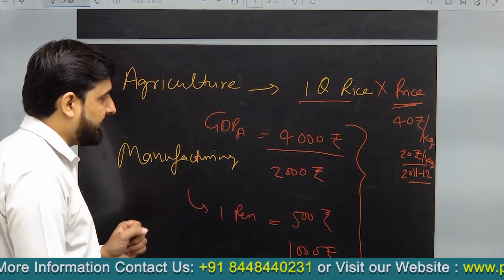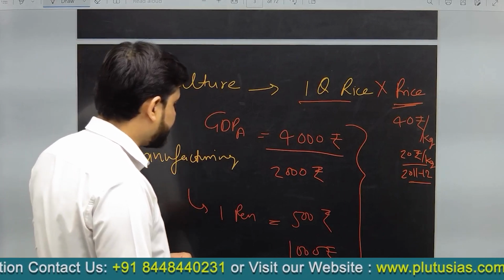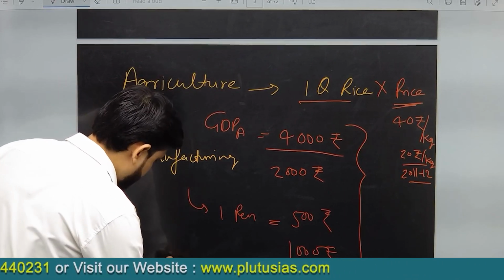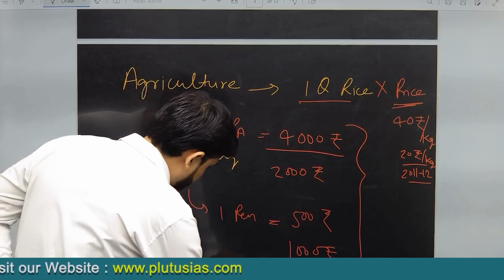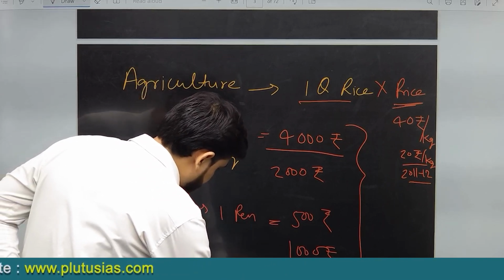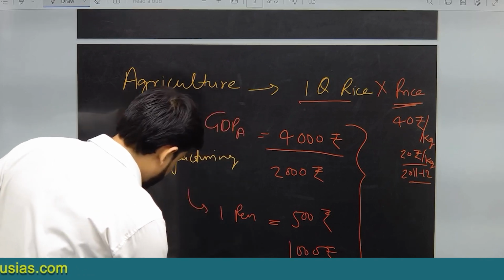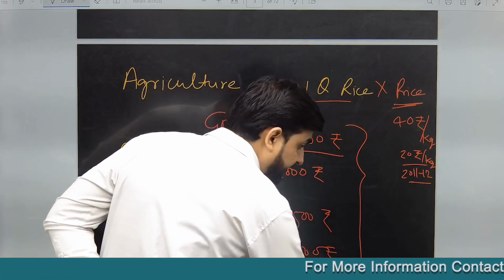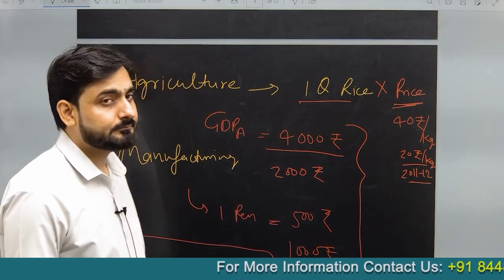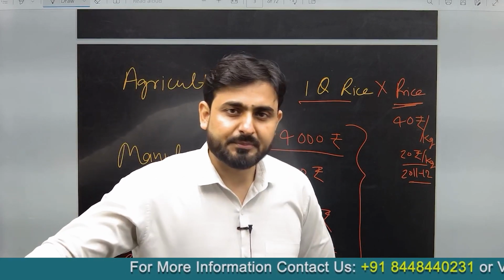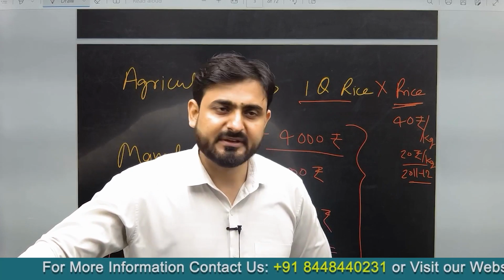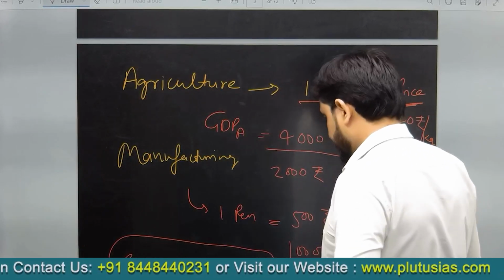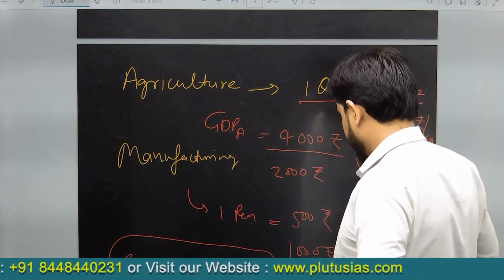So the Government of India keeps such a fixed year or base year 2011-12. It was set in 2015. Till 2015, 2004-5 was the base year, meaning we had to calculate based on 2004-5 price.